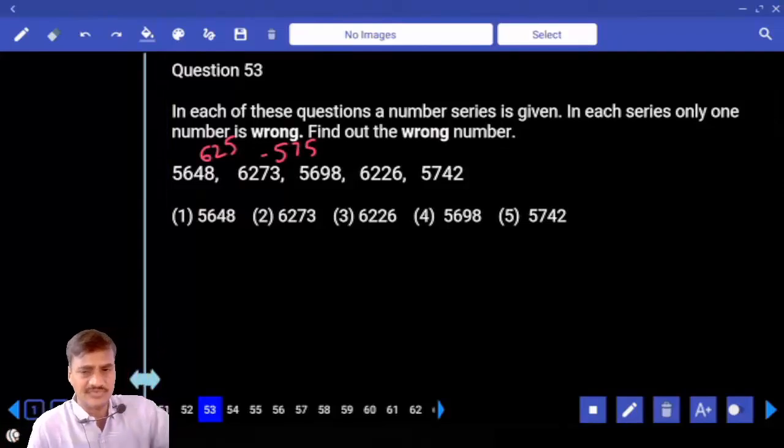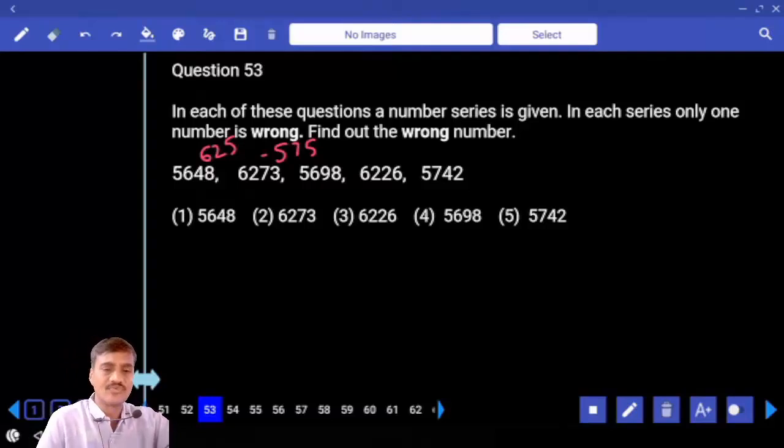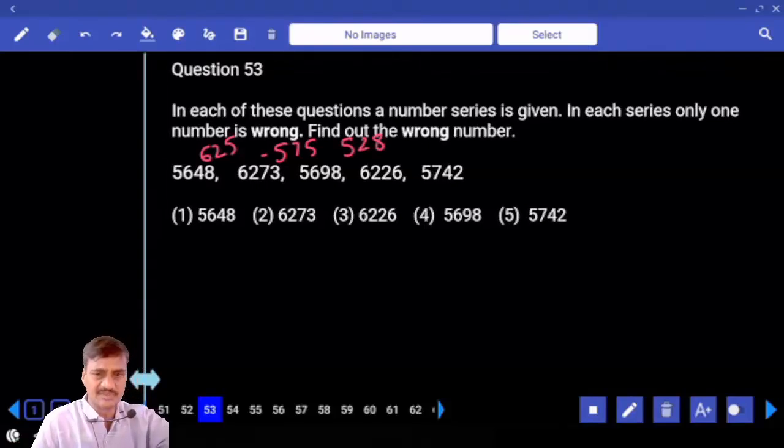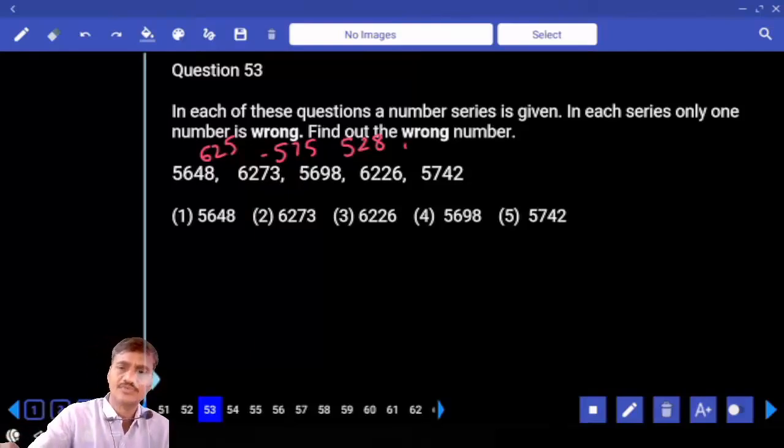And 575, next difference ఎంత వస్తుంది? 528. Next one 528. Next number 484. ఇక్కడ 484 వస్తుందమ్మా.